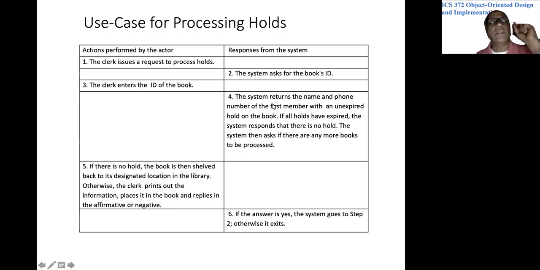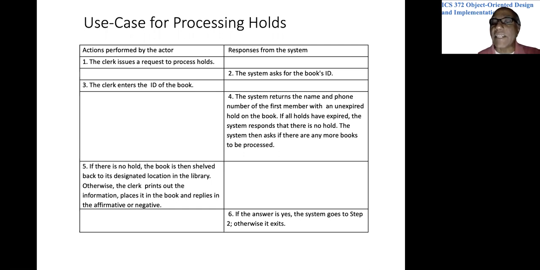Now, there is some tricky issue going to come up here. It is possible that all the reservations, all the holds on that particular book have expired. Remember that every hold has a validity period for which the hold should be active.